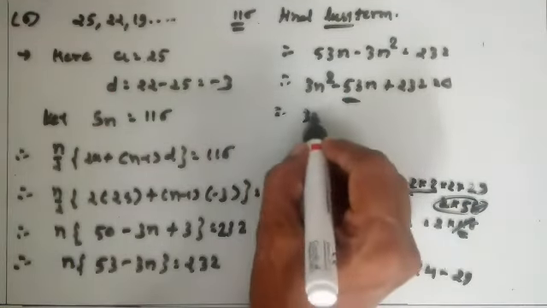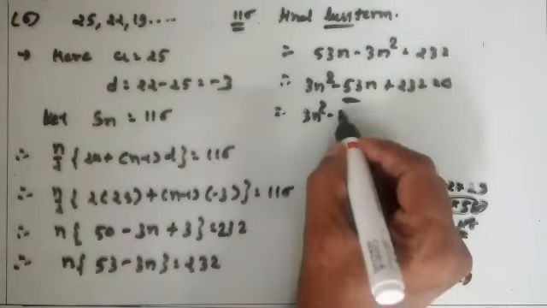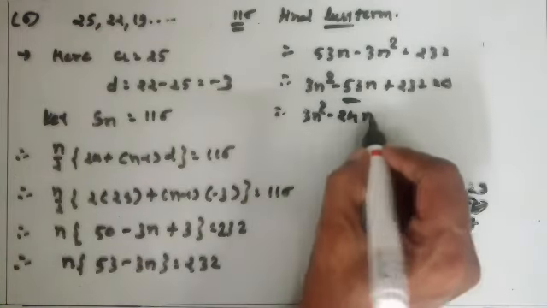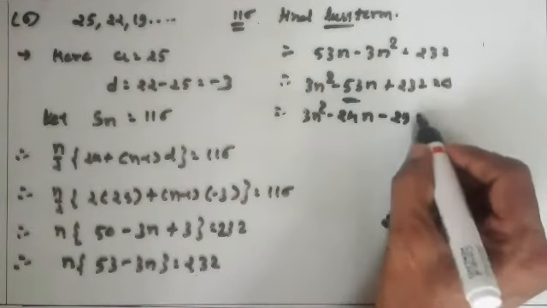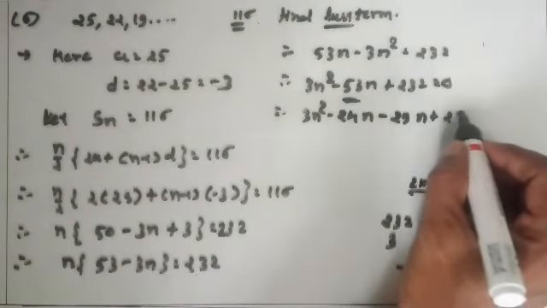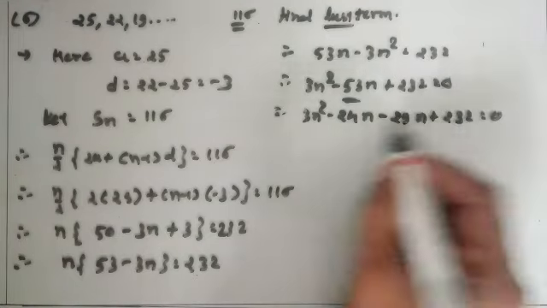Therefore 3n square minus 24n minus 29n plus 232 is equal to 0.